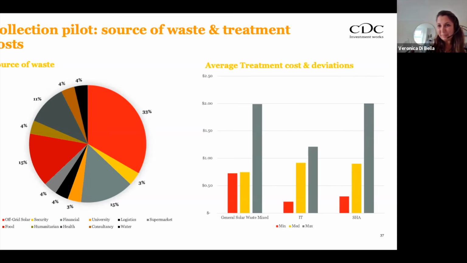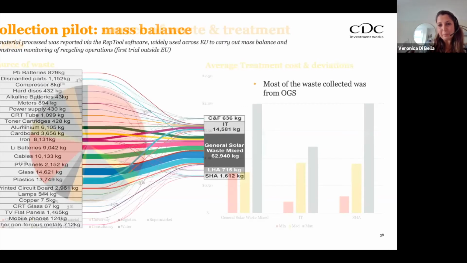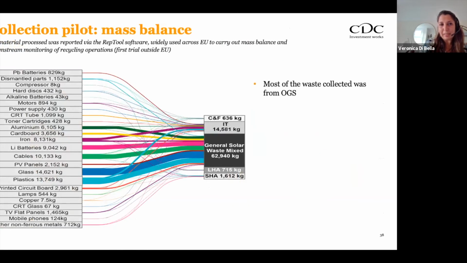The average treatment cost for the items that were collected ranged between about $0.25 and $2 according to the type of waste. And in the next slide, please, we will see the breakdown of this waste, which was conducted by 2 recyclers of e-waste in Kenya, Waste Center and EnviroServe, that collaborated with us. If we can move to the next slide.